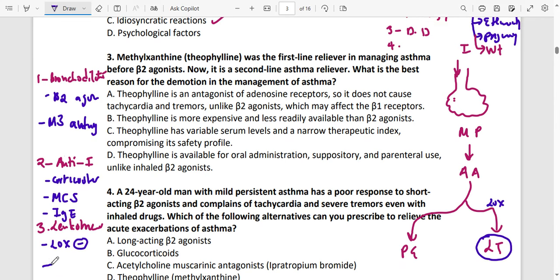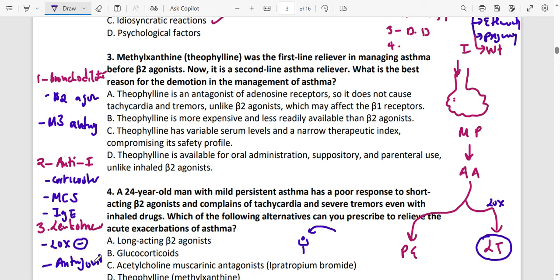And then number two, we also have the leukotriene receptor antagonists. In case leukotrienes are already produced, you want to go on the respiratory system where the leukotriene is supposed to go and bind to cause constriction. You are giving a drug that should bind there so that the constriction doesn't happen. So those are antagonists.